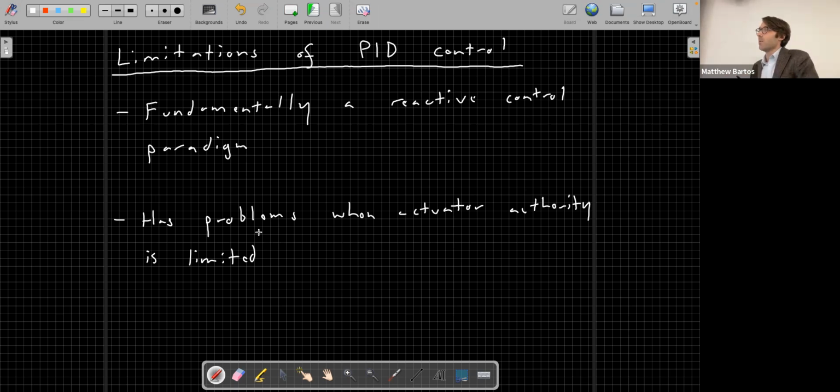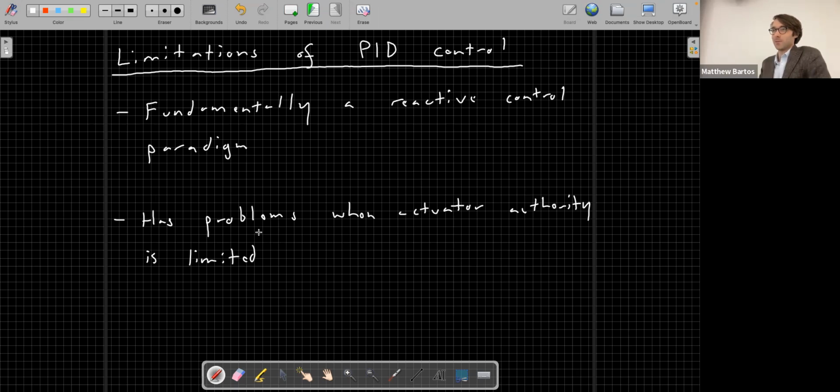So PID control is not particularly good for situations where you have limited actuator authority, which happens to occur a lot, especially in civil engineering systems when you're dealing with systems that have huge amounts of inertia. For situations like the flood control problem, what you'll want to use is a predictive control strategy.